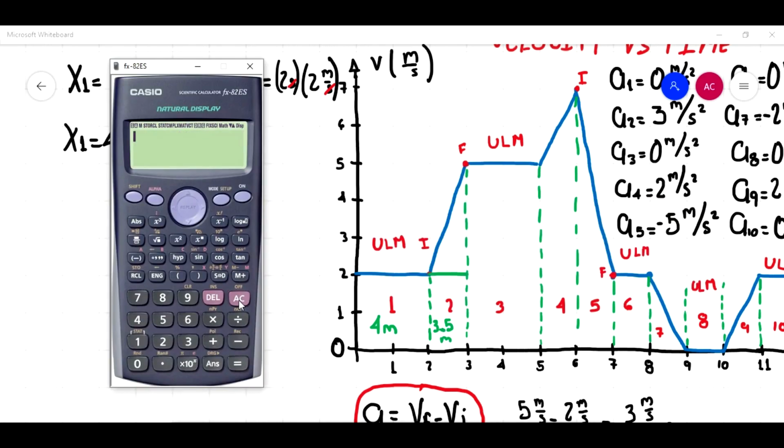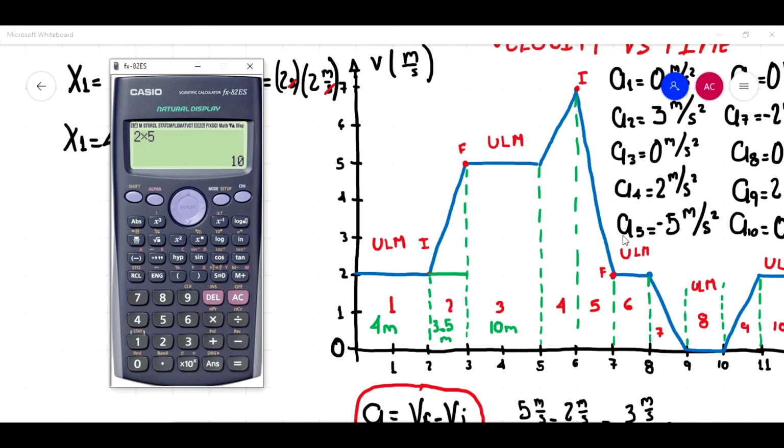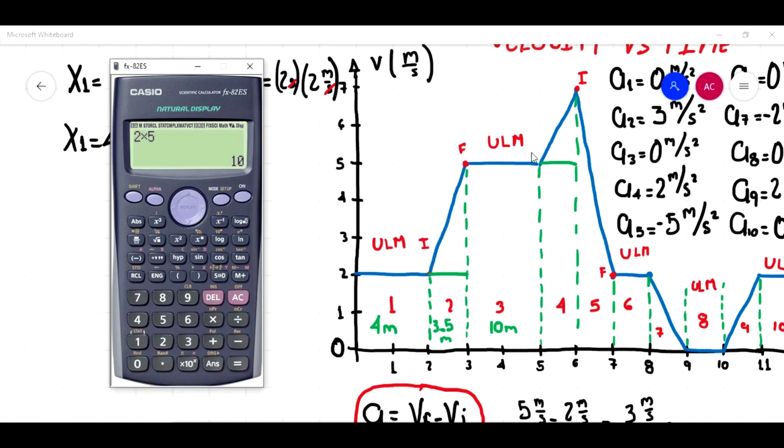Now the distance of segment number 3 is the base, 2, times the height. How much is the height? 2 times 5. Okay, 2 times 5 equals 10 meters. So this one is 10 meters. And then segment 4 is exactly the same procedure as segment number 2, not the same answer.